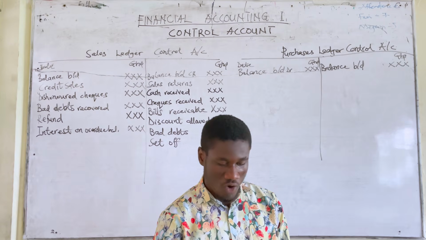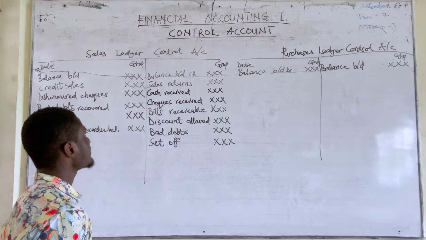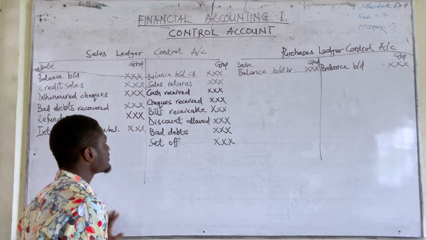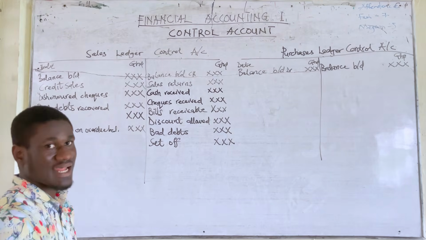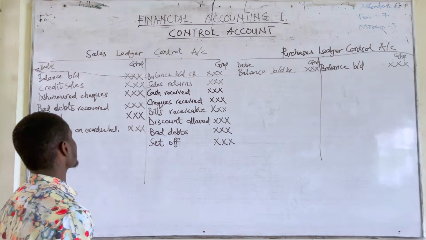So I think that's all for the items to be recorded in the sales ledger control account. So after doing all this, do what? Balance it. Okay, so after every account, you have to balance.